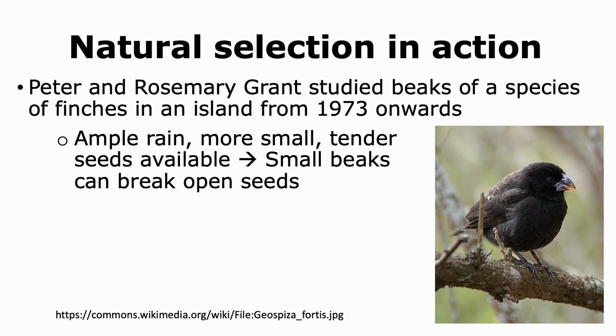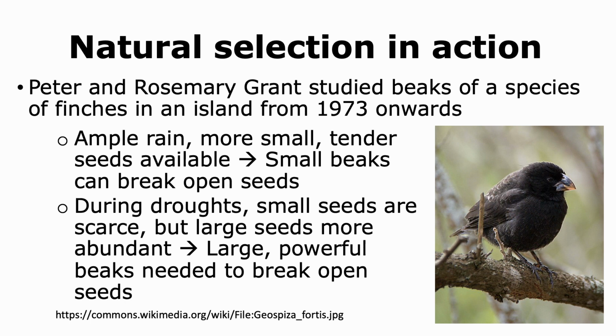On the other hand, when there was scarce rainfall or drought on the island, these smaller seeds were not as abundant, and hence there were more large seeds available. In order to feed on these larger seeds, the beaks had to be larger and more powerful in order to break these seeds open.